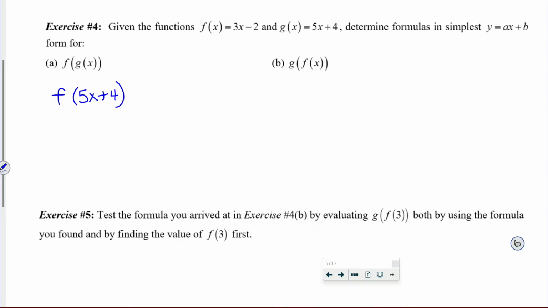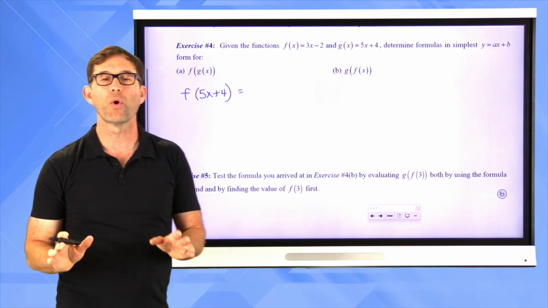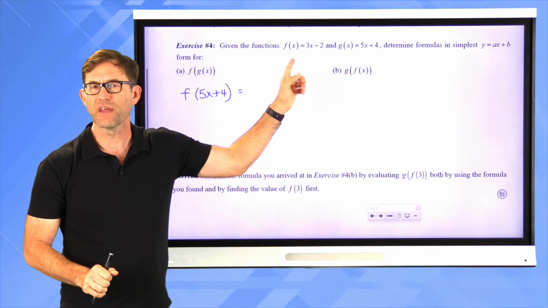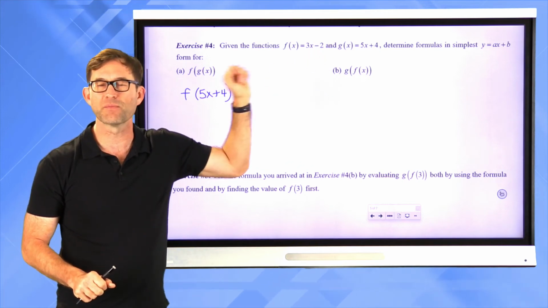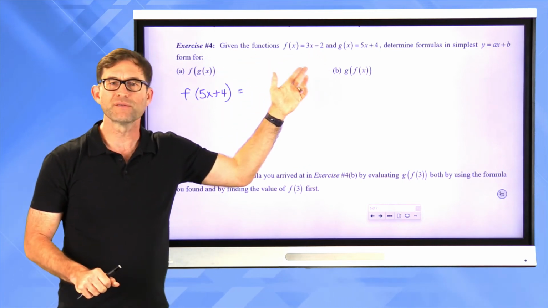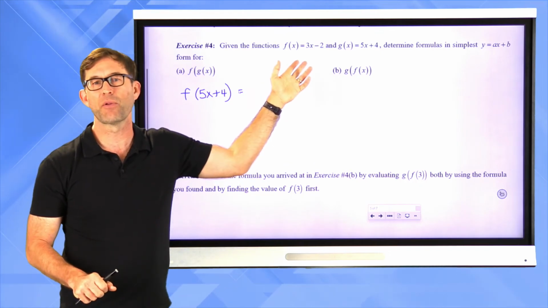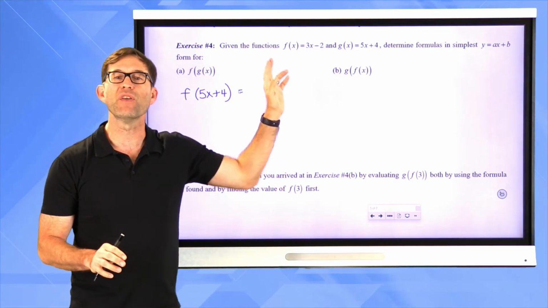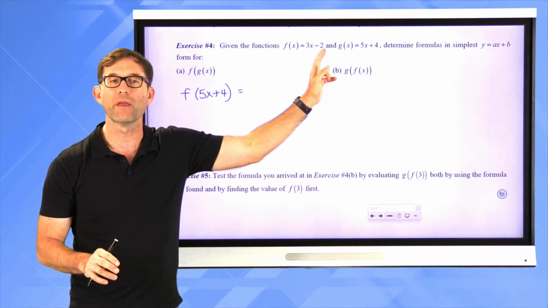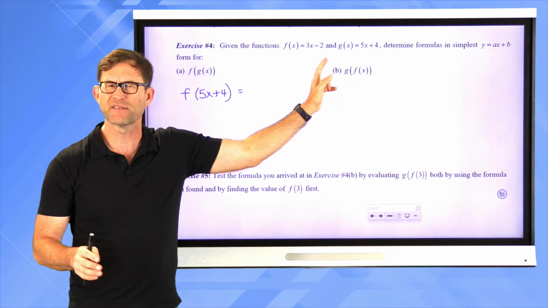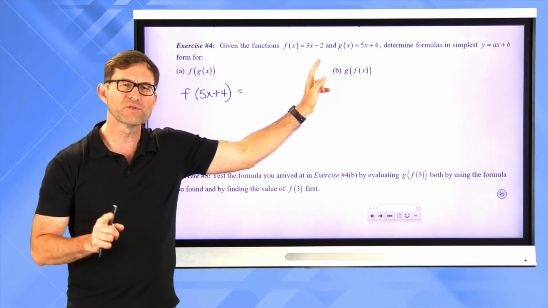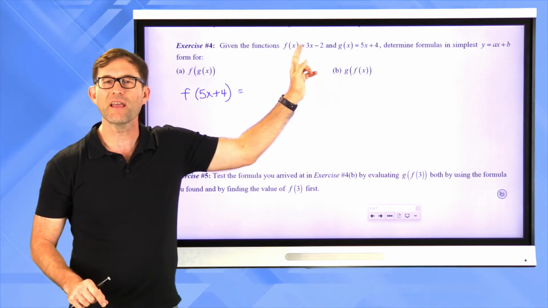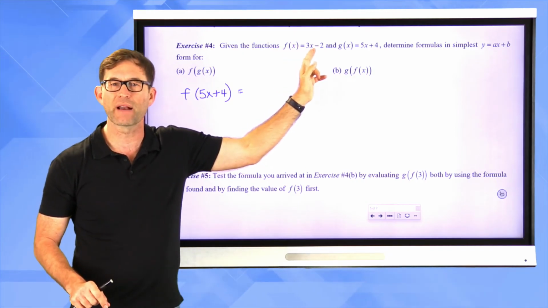And I know that looks a little bit weird, but keep in mind what function notation really tells you. Let's look at f. f of x equals 3 times x minus 2. Now what it appears like that's saying is that I should take x, multiply it by 3, and subtract 2. But what it really says is take the input, multiply it by 3, and subtract 2. You might say, isn't that the same thing? Well, here's what I mean by thinking about those in subtly different ways. The function is taking the input, multiplying it by 3, and subtracting 2.